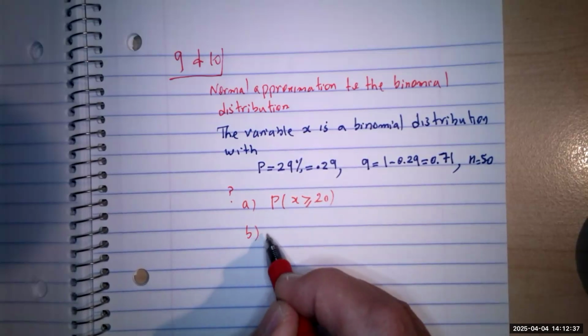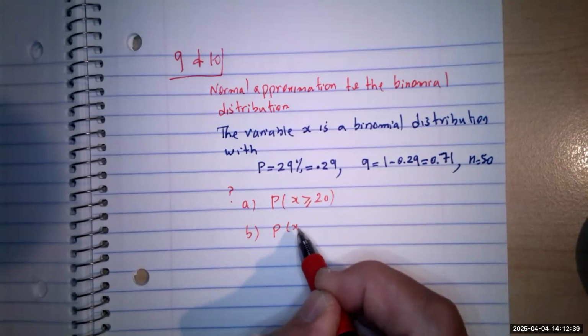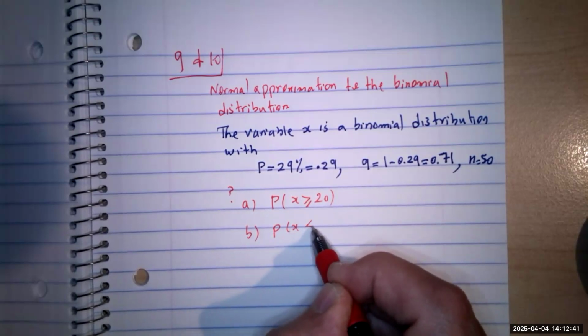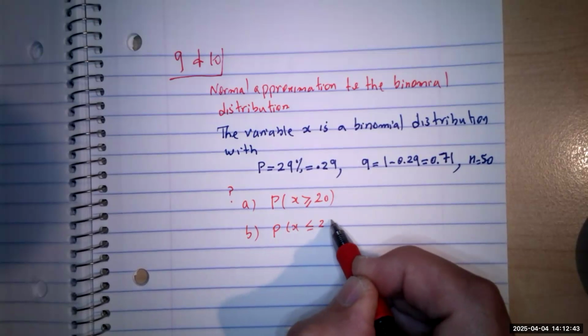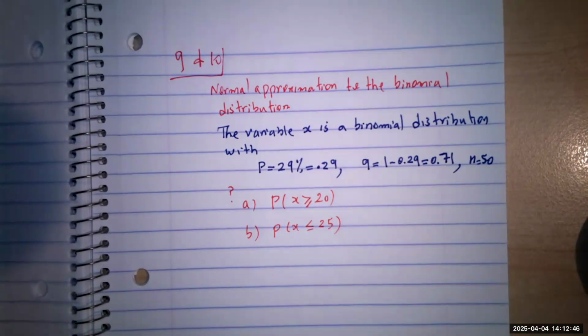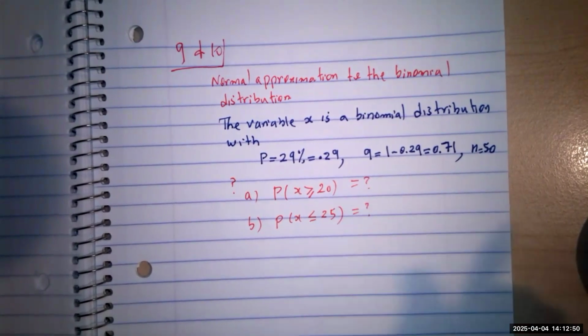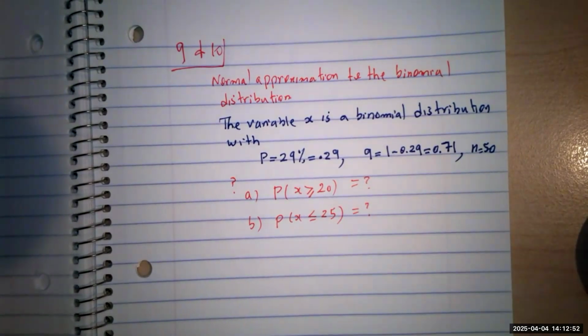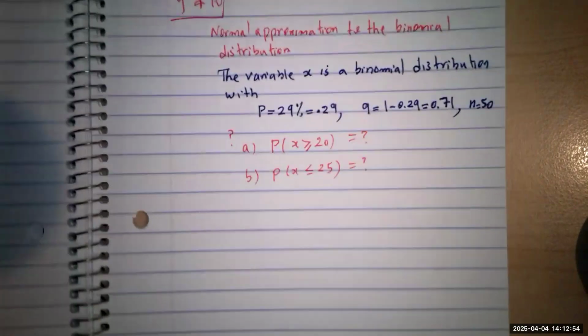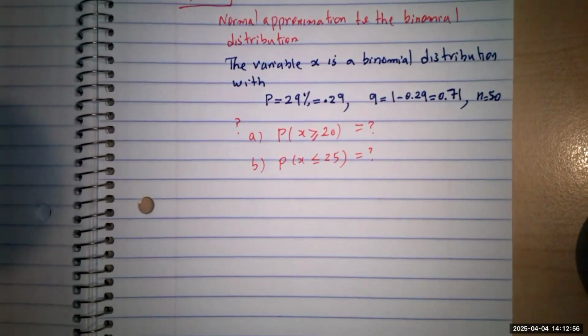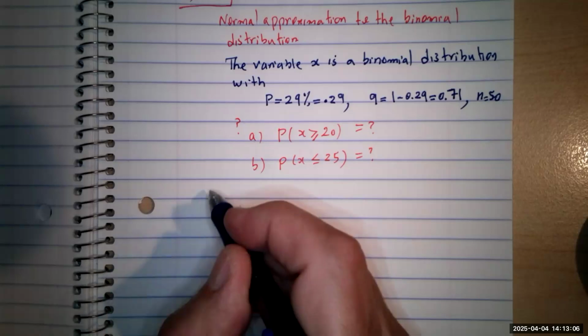And what is the probability that X is going to be less than or equal to 25? That's the situation you're going to have. So these are going to be your questions. Again, you can use the Art of Stat application to get the answer as is, but they ask you to use normal approximation to the binomial. For the normal approximation, you have to check the conditions first, and you have to show this.